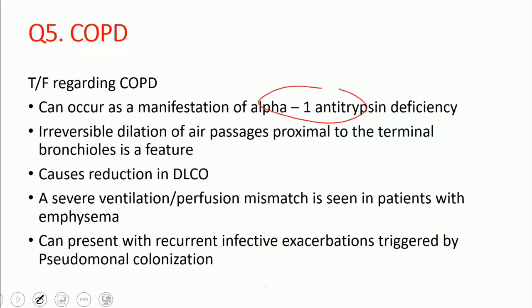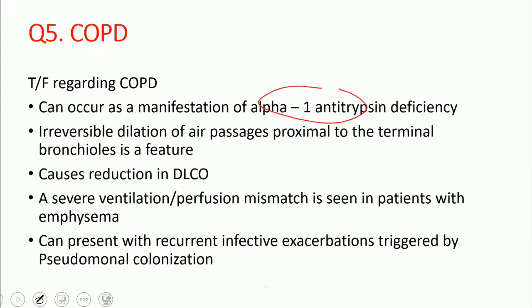That is true, and this can also cause cirrhosis. This rare genetic disorder causes emphysema and cirrhosis, because alpha-1 antitrypsin balances the breakdown of alveoli, the matrix. That is why the deficiency causes emphysema.